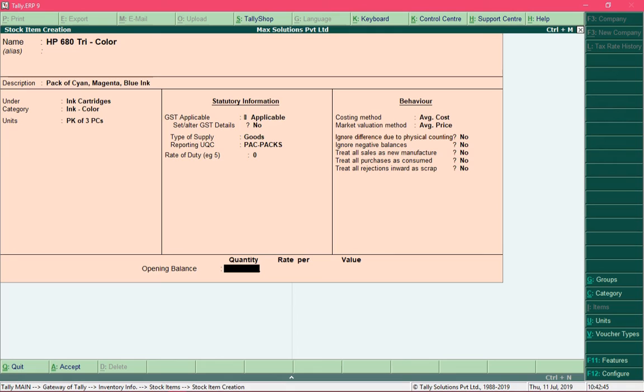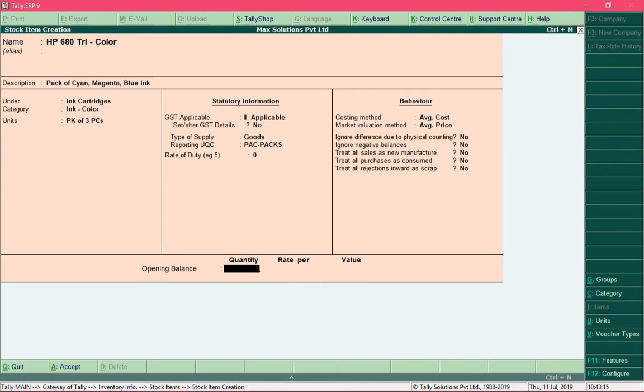In the field for opening balance, you can specify the quantity of stock which is already present with you. So in case you are moving from manual accounting to computerized accounting, and if you have information about the quantity of available stock, then you can specify it over here.